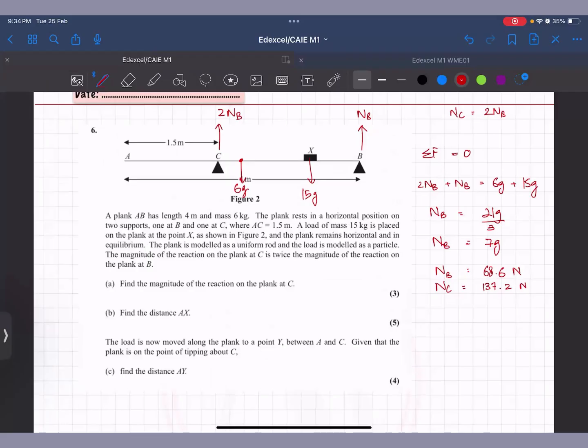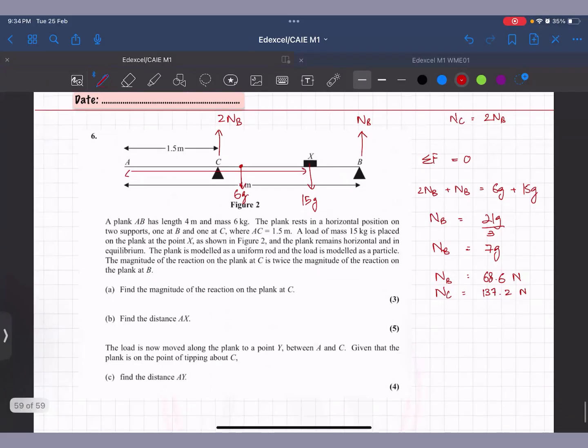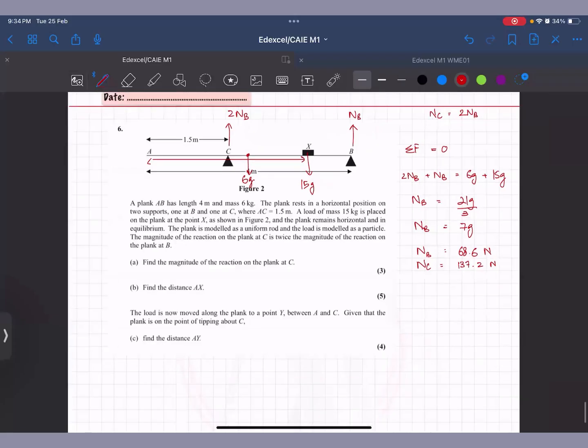137.2. Then they're asking us to find the distance AX. This AX distance, complete. Okay, so what would we need? Let's suppose this AX distance.